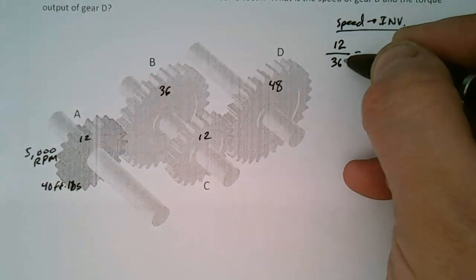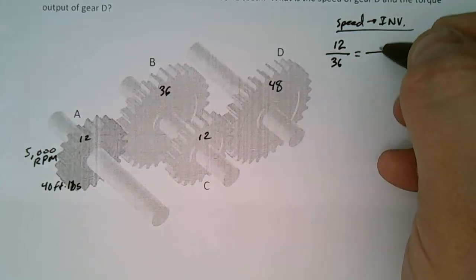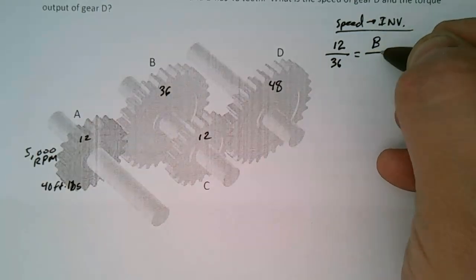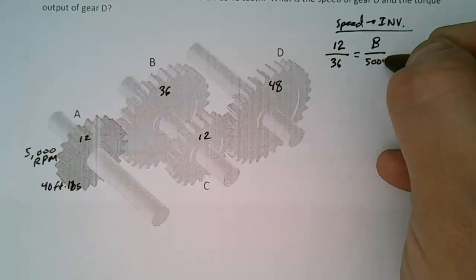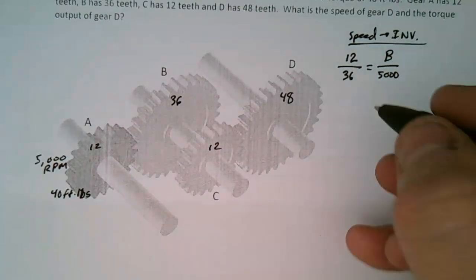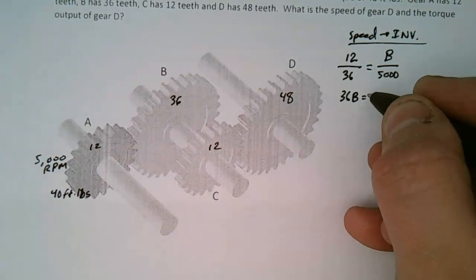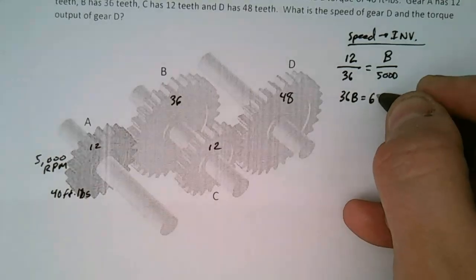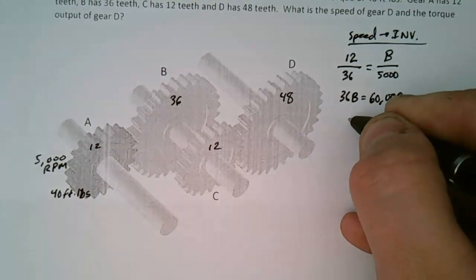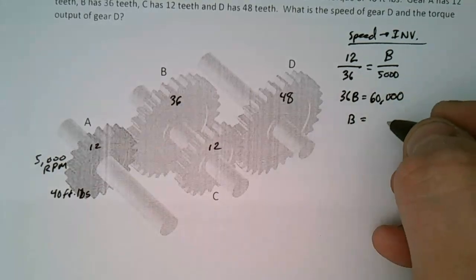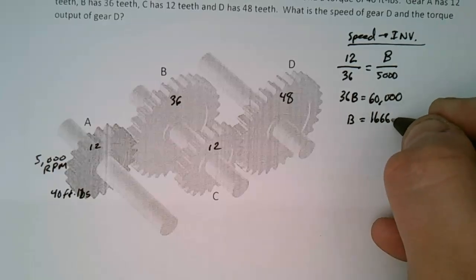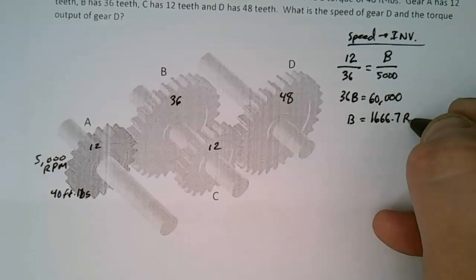So A over B. And on this side, I have to go B over A. Well, I don't know B, and I know A is 5,000 RPM. I'm going to cross multiply that, and I get 36B is equal to 60,000, which gives me B equal to 1666.7 RPM.